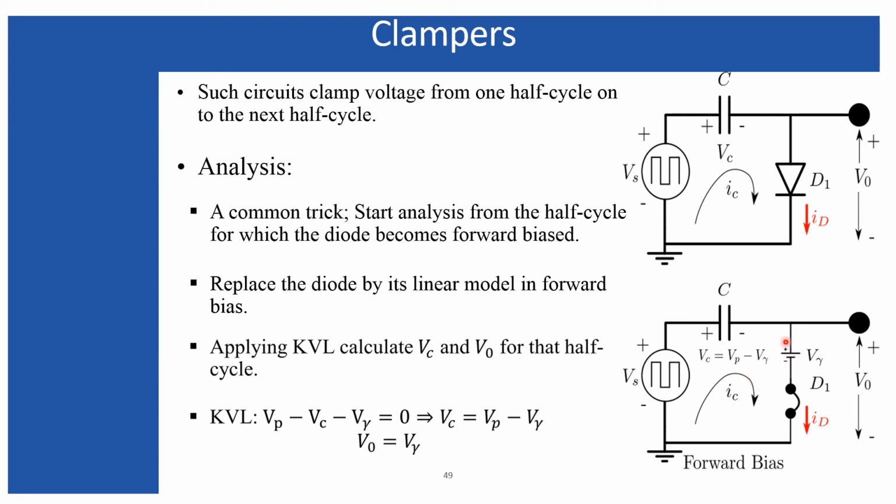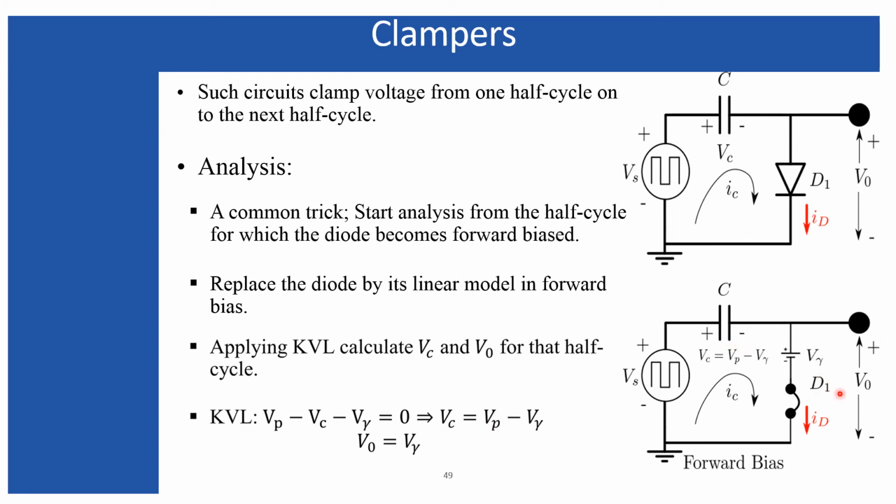So the capacitor voltage, which is unknown, will now be known from this equation, and the voltage that the capacitor will hold for the positive half cycle is the input voltage minus this voltage. So this is the amount of voltage that will be stored within the capacitor.